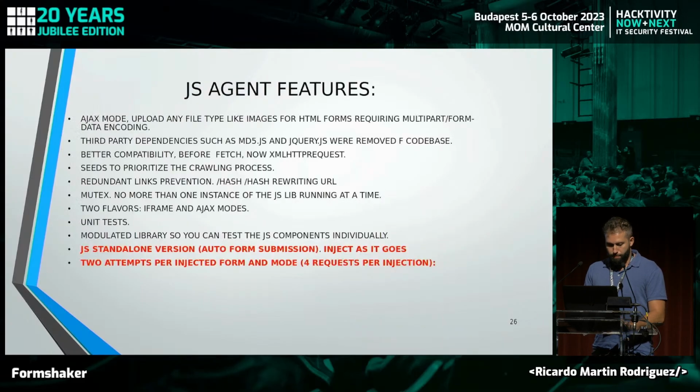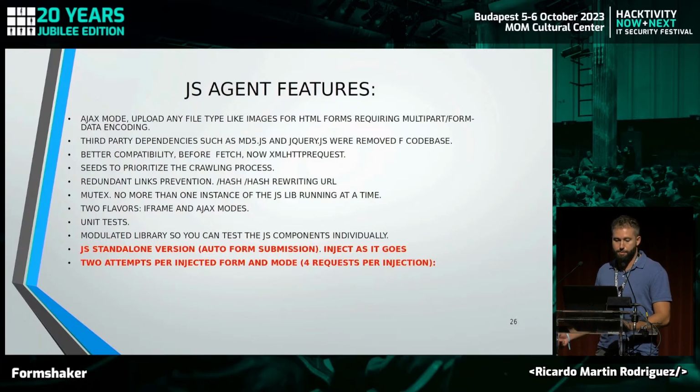And now just some cool features for the EAS agent. Through the EAS agent, using the Ajax mode, you can upload any type of files like images, even for forms requiring multi-part form data encoding. And we got rid of third-party dependencies, or at least the biggest ones.